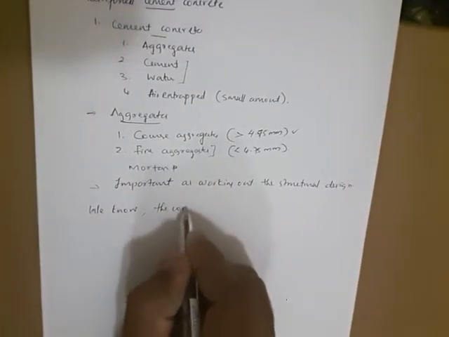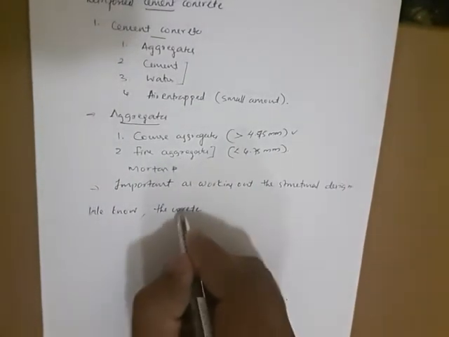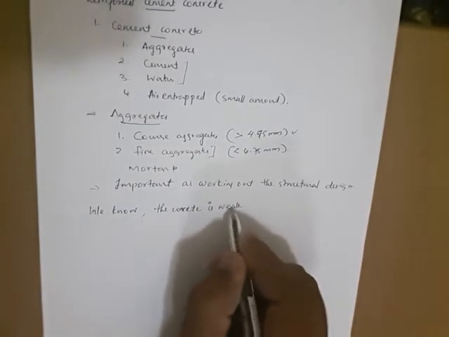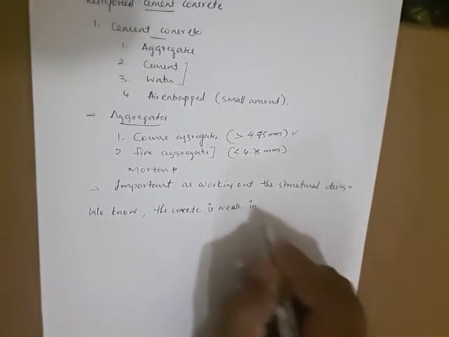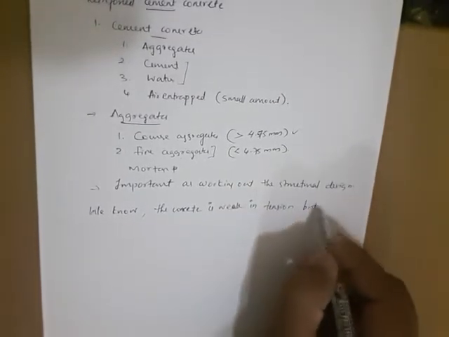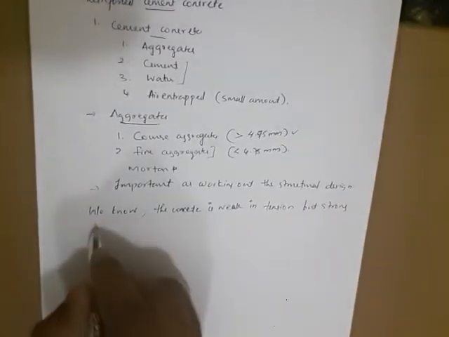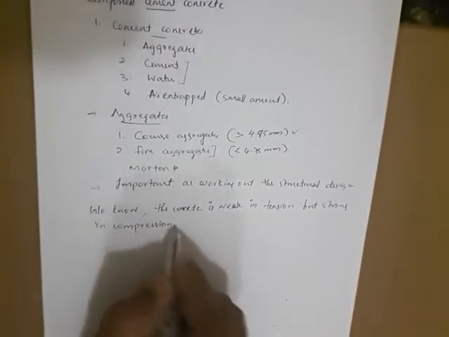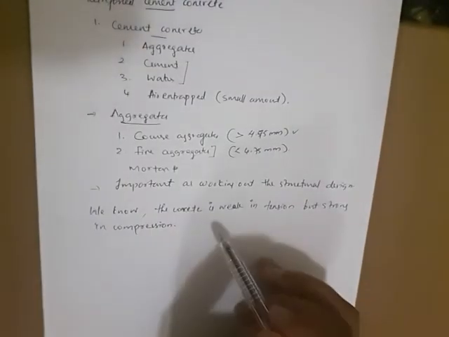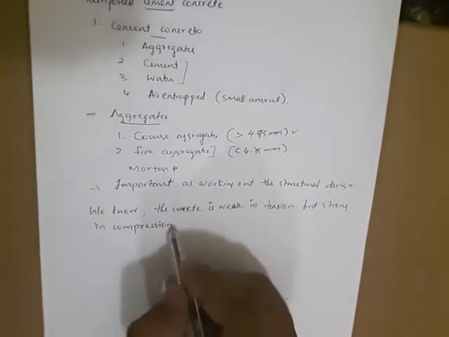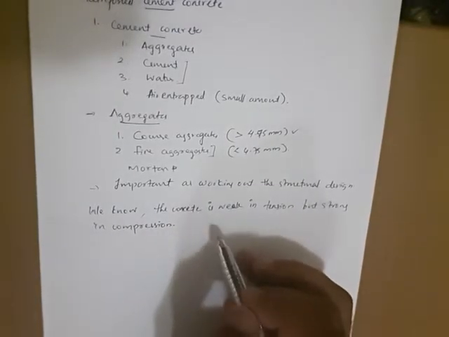the concrete is weak in tension but strong in compression. Concrete is weak in tension but strong in compression. Then we need it to be strong in tension also.